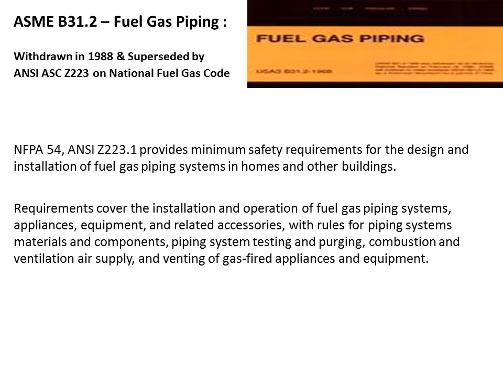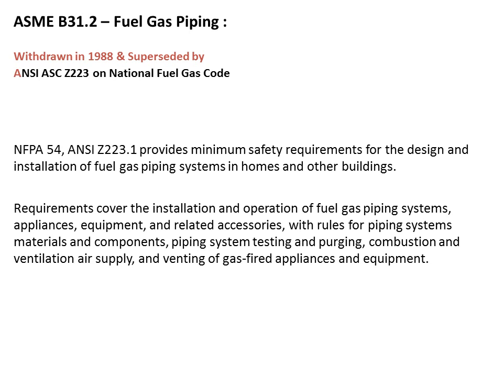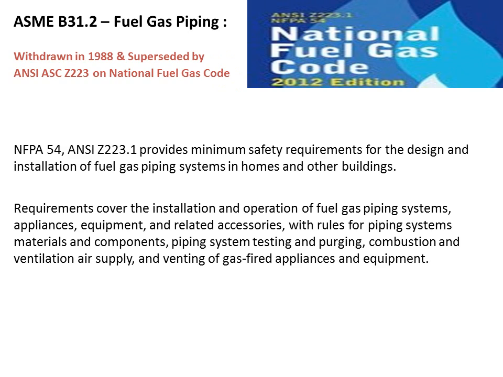Next, ASME B31.2, which was meant for fuel gas piping. It was withdrawn in 1988 and superseded by ANSI Z223.1, the National Fuel Gas Code. NFPA 54 ANSI Z223.1 provides minimum safety requirements for the design and installation of fuel gas piping systems in homes and other buildings.